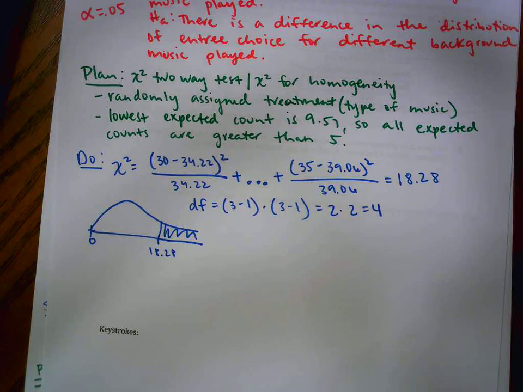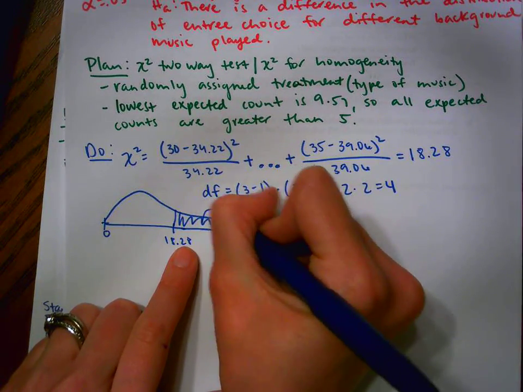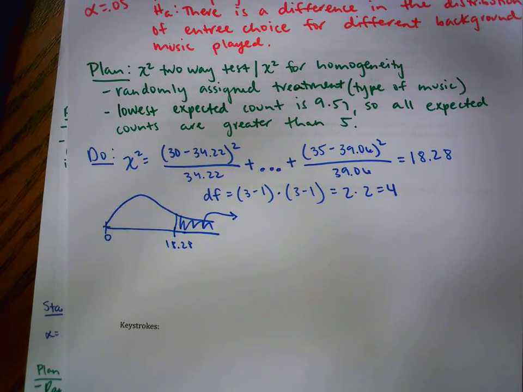Okay, so how do we find this area? Because that area is our p-value. If you're going to find it by hand, do you remember how to do it? See if you can figure it out on your own.